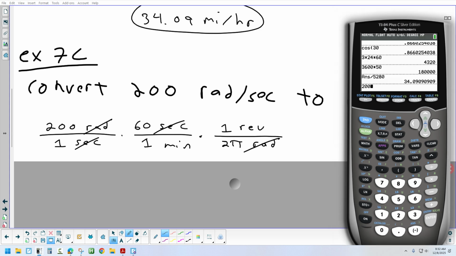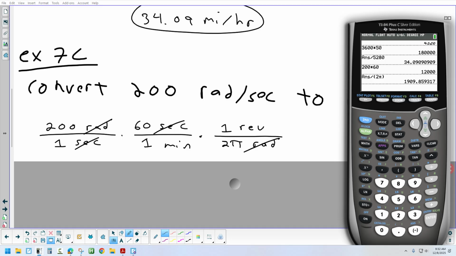So we get 200 times 60, so there's your numerator. And we're going to divide by 2 pi. You do want to put parentheses around that 2 pi. That's the correct answer.